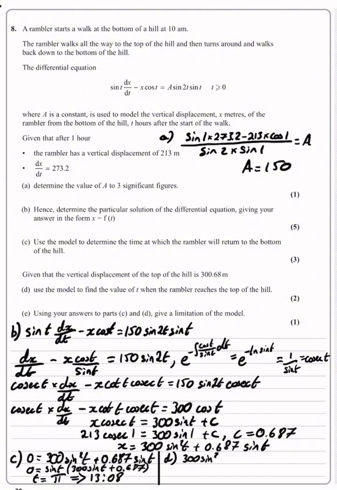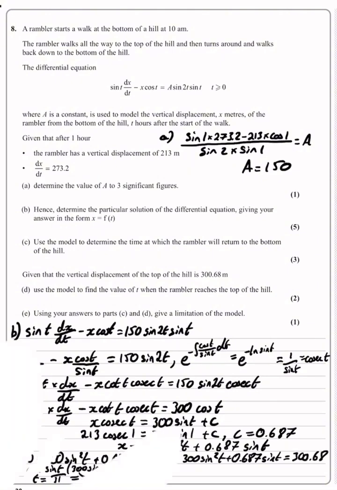For part D, we can set our x to be 300.68. And then solve it. I'm going to use a calculator.